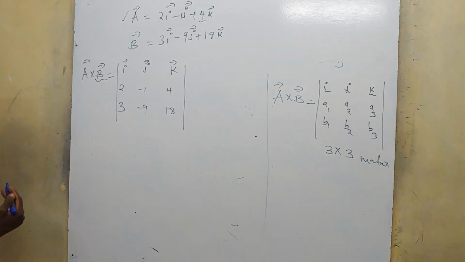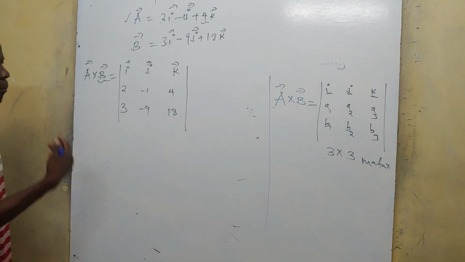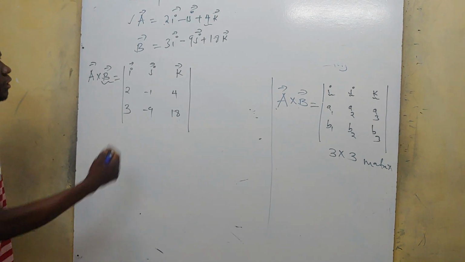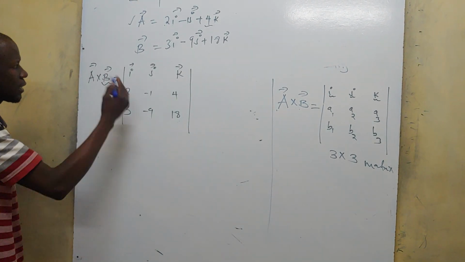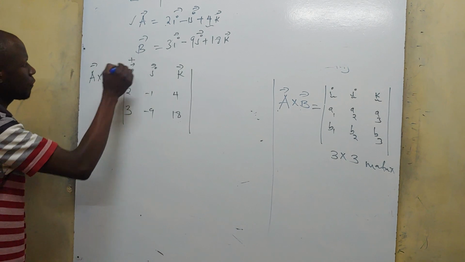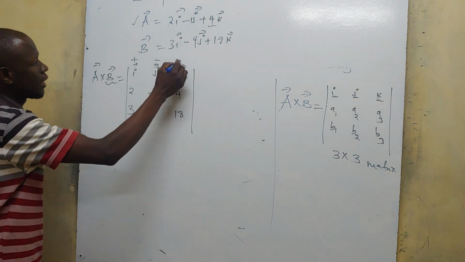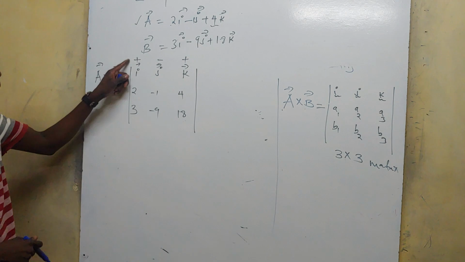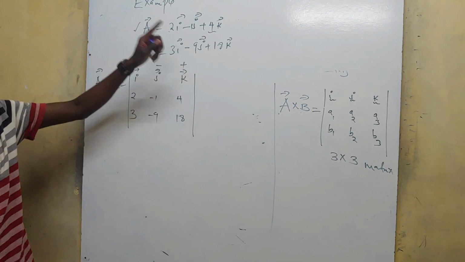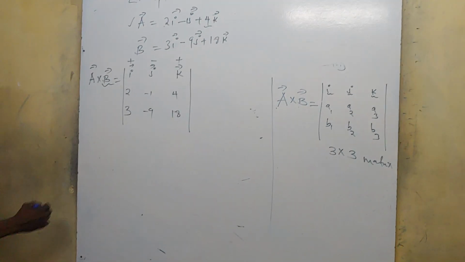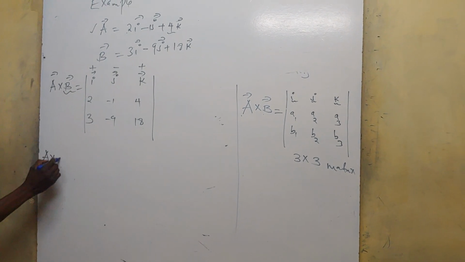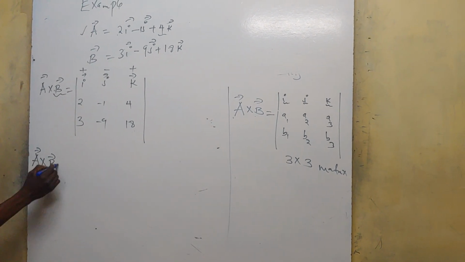Then we interchange: positive, negative, positive until we reach the last element. So this one will be positive, the second one will be negative, and then the last one will be positive. Then from there, we can find our cross product between two vectors as follows.